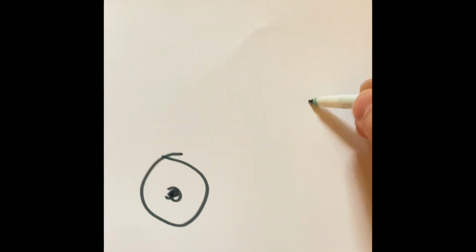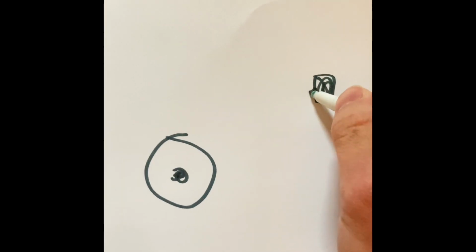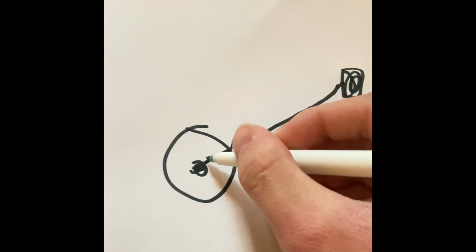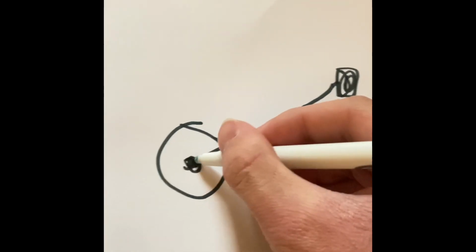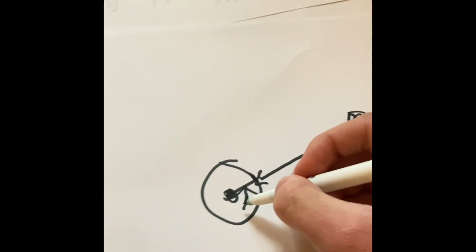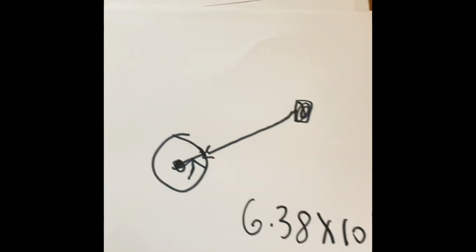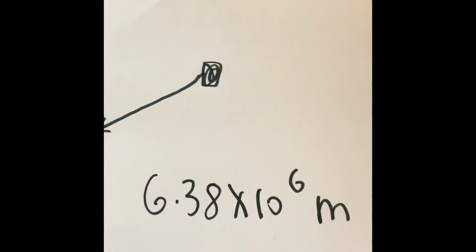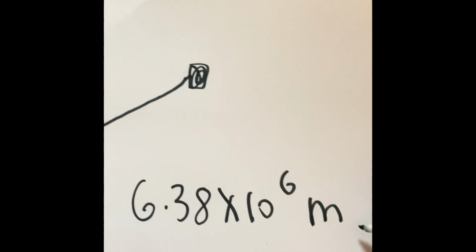Here's the space station. What we're measuring easily is from here to the ground. We have to look at what the distance from the ground to Earth's middle is. Earth's distance from here to here is 6.38 multiplied by 10 to the 6th power in meters.